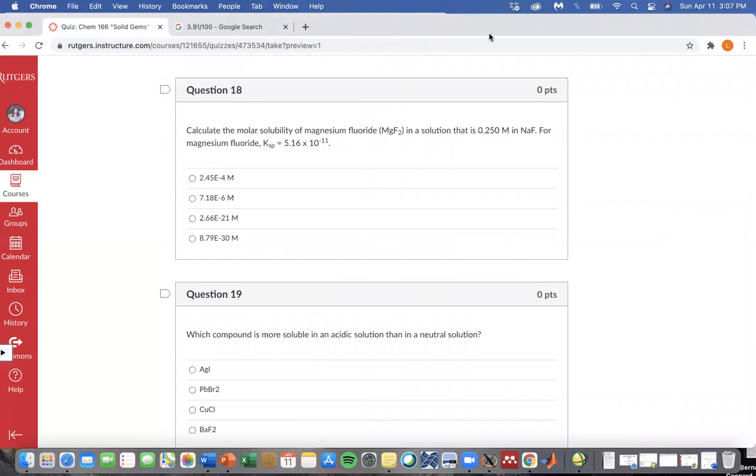And so we have to write the expression first. So we have Mg2+ and 2F-. It really would be MgF2 dissolving into those two ions. If we had an ICE table here, we have the initial, the change, and equilibrium.